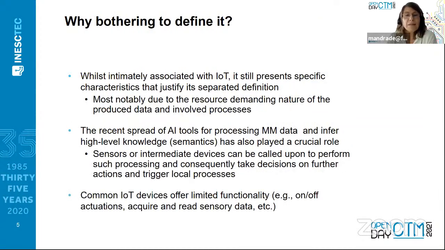So if it's really related, why bother to define it? Well, essentially because multimedia things present quite different characteristics and demands. Large amounts of data are generated and usually heavy processing tasks are involved.